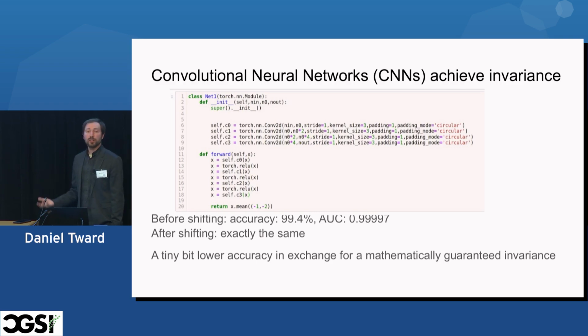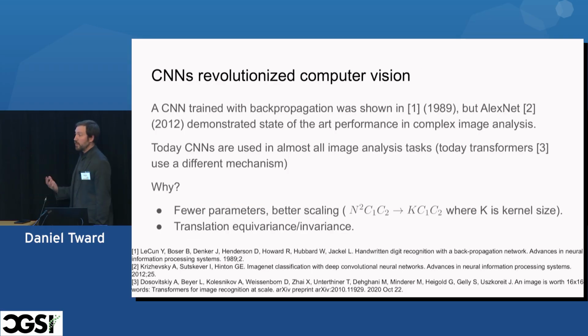So we have a mathematical guarantee because of this equivariance property. Now the accuracy is a tiny bit lower than the multi-layer perceptron, but this comes in exchange for a mathematically guaranteed invariance. Now, these types of convolutional neural networks, CNNs, completely revolutionized computer vision.